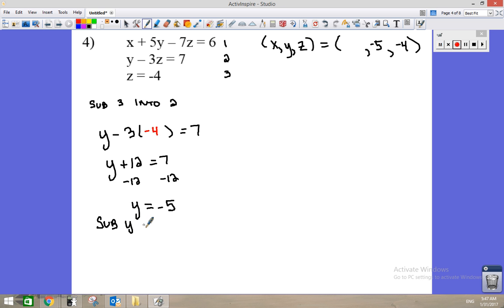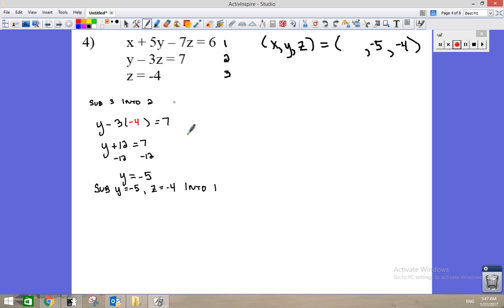If I substitute this y equals negative 5, and the fact that z is equal to negative 4, into equation 1, it's the only equation that has the x, and that's what I'm trying to solve for right now, then we'll be able to tell people what x is.